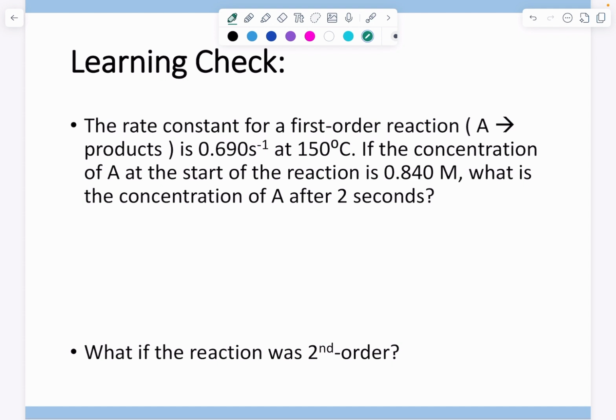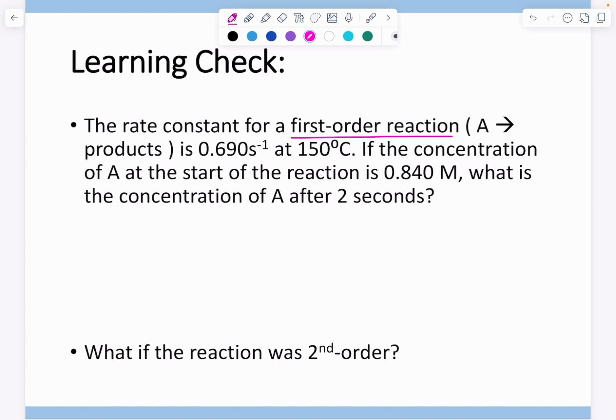So we've learned a lot of equations in our class, and one of the big skills that you should develop, and you will develop, is how to determine which equation to use for which question. So a few important things that we are told here is that this is a first order reaction, so we need to use an equation for first order reactions.